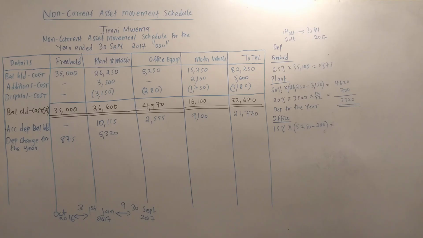Now we had an item of 5250, which we sold, so we remove it from our account. But it was only used for some period, not the whole time, just a specific period. So we need to consider the depreciation of the item for this period that was not considered.